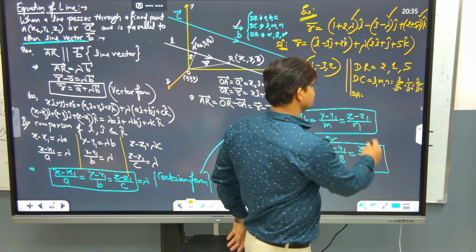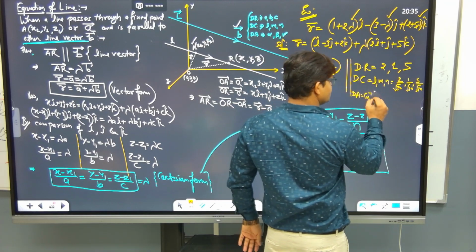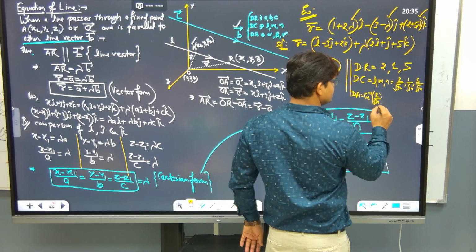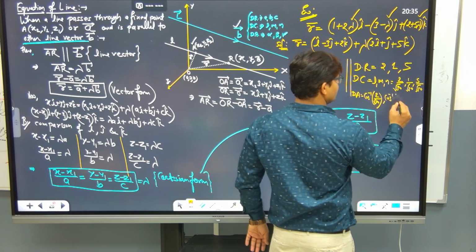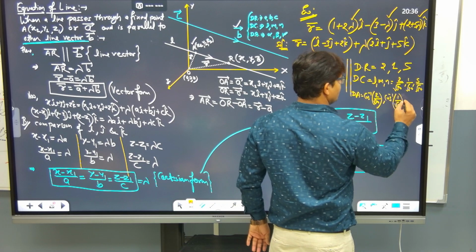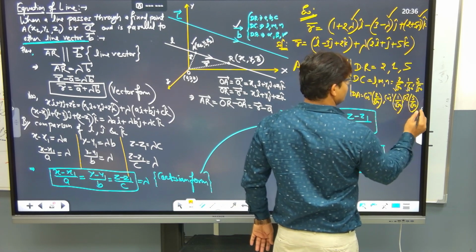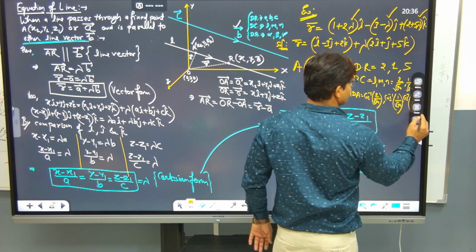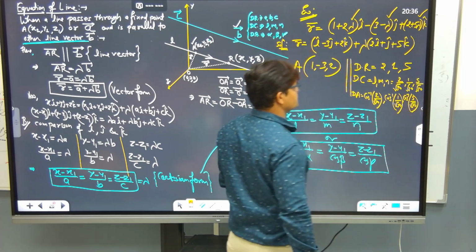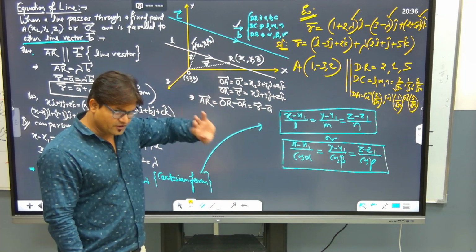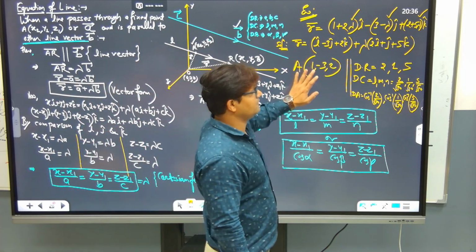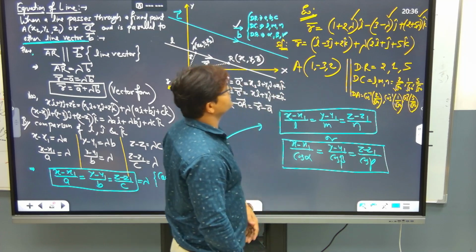And direction angle is cos inverse 2 by root 30, cos inverse 1 by root 30, and last cos inverse 5 by root 30. This is clear. So we have every piece of information about the line, and the line passes through a fixed point.